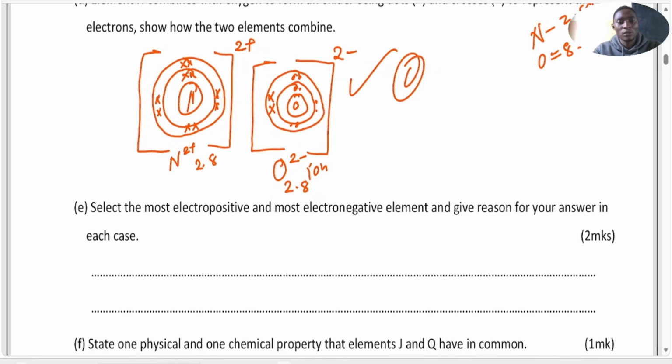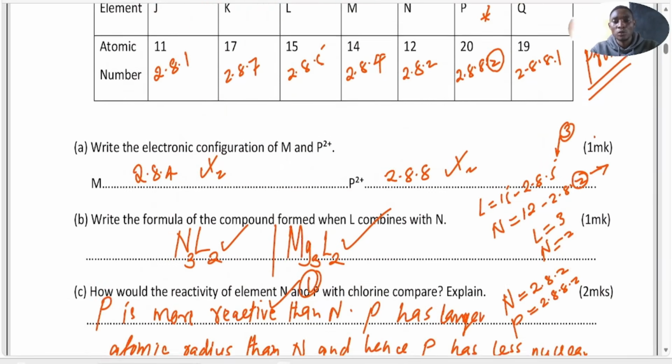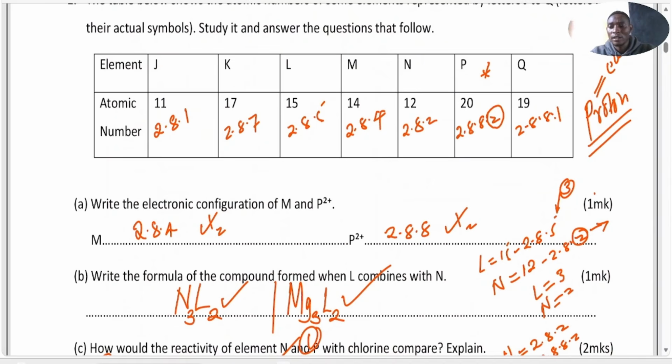Moving to the next question, select the most electropositive and the most electronegative element and give reasons for your answer in each case. We need to look at what we have here. Most of the times metals are the most electropositive. This is because they always react by losing electrons. So they have high chances of losing electrons.